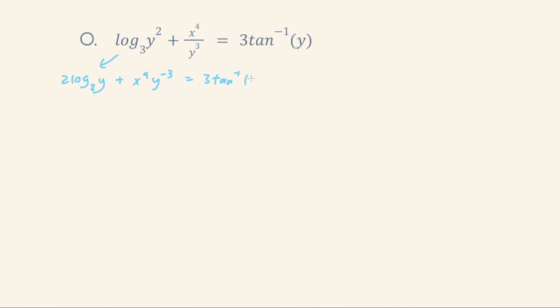Inverse tan of y. All right, so the derivative of this first term here is going to be 2 times 1 over y ln 3, and then we have to do dy over dx. And we add that to, and here we have a product rule, so let's do this one at a time. The derivative of my first term is 4x cubed.